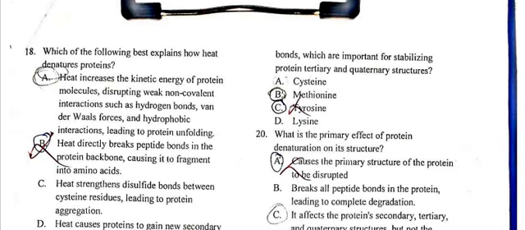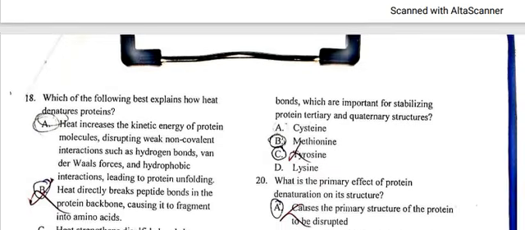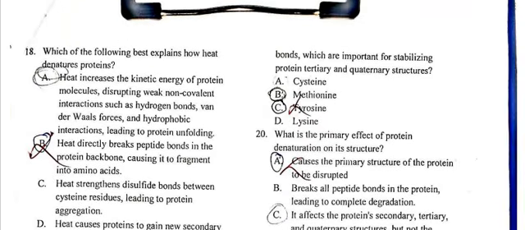So the best answer here is simply, let me see, they're saying heat directly breaks the peptide bonds in the protein backbone. C strengthens disulfide, doesn't strengthen anything. Heat causes proteins to gain new secondary structures. No, the best answer is simply A, which says heat increases the kinetic energy of protein molecules, disrupting weak non-covalent interactions. So of course our best answer is simply A.